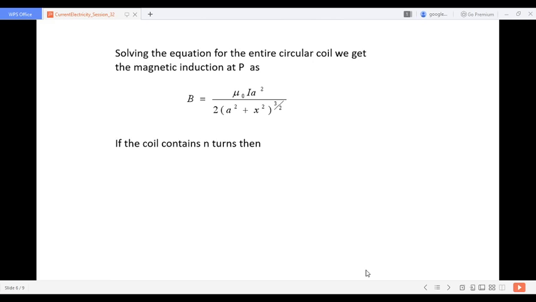If the coil contains n number of turns, then the magnetic field B is given by mu naught N I a square divided by 2 times (a square plus x square) raised to 3 by 2. Unit of magnetic field is Tesla.